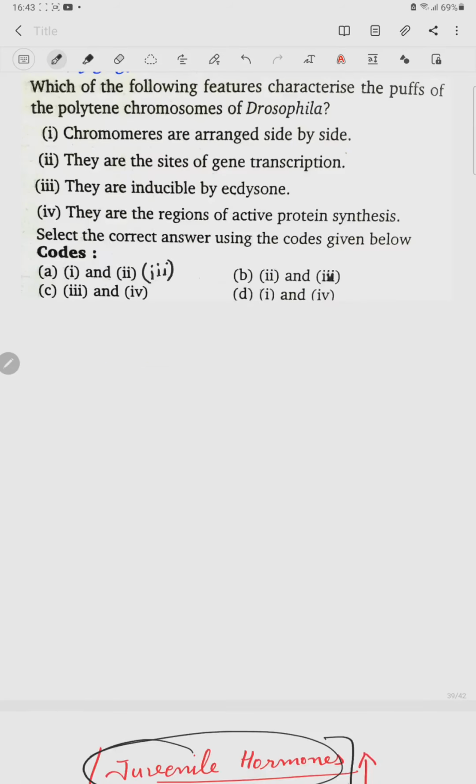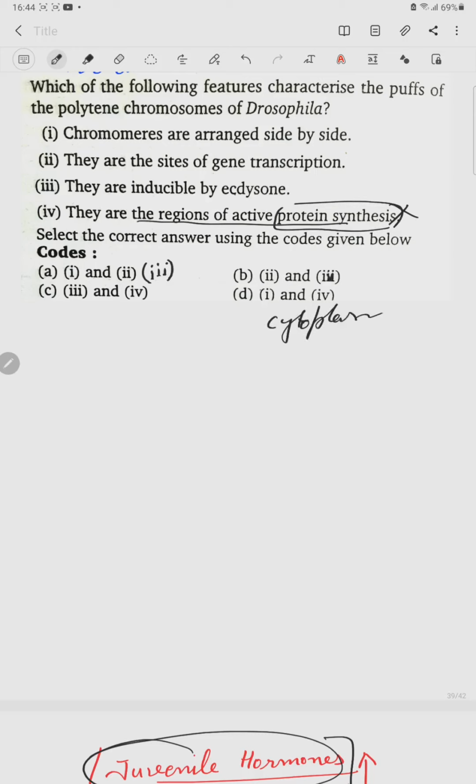Now, they are the regions of active protein synthesis. They are regions of active protein synthesis means polytene chromosomes are the regions where protein is synthesized. No, it is wrong. Protein synthesis occurs at the cytoplasm.